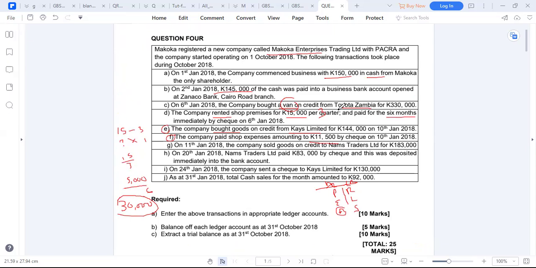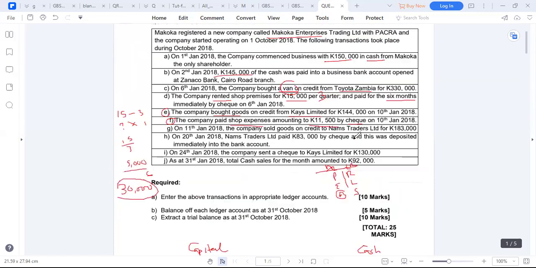The company paid shop expenses, so we'll debit the shop expenses and credit the bank. Since all expenses have debit balances, we debit shop expenses, and we credit the bank because we're paying.